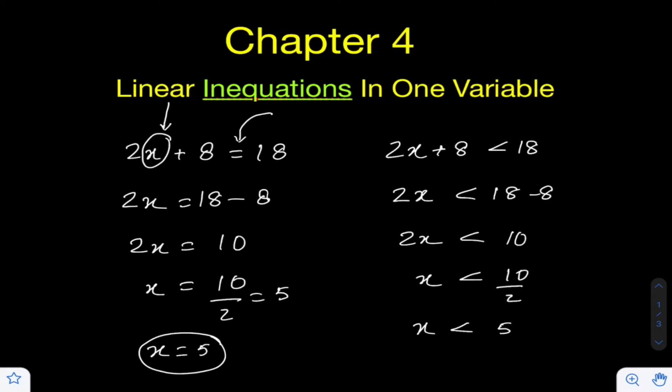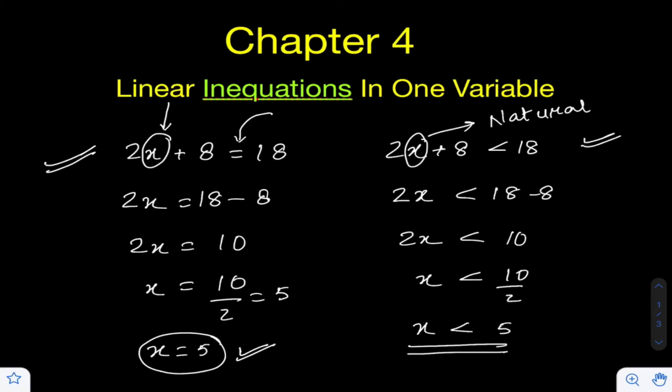Now suppose I tell you that x is a natural number in both, here also and here also. So here we have got the answer x equals 5, and that is the only answer we have got. But here we are getting x is less than 5.